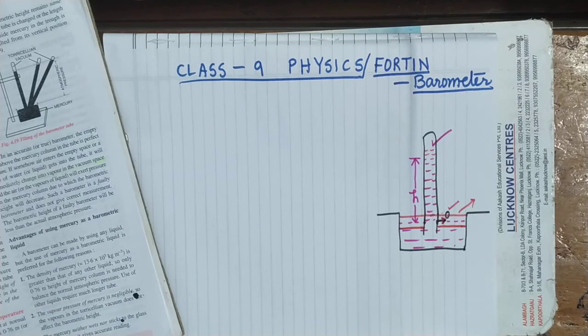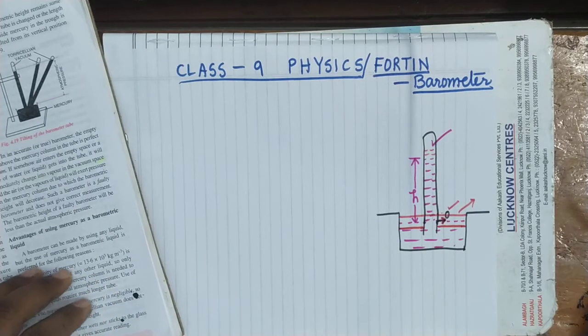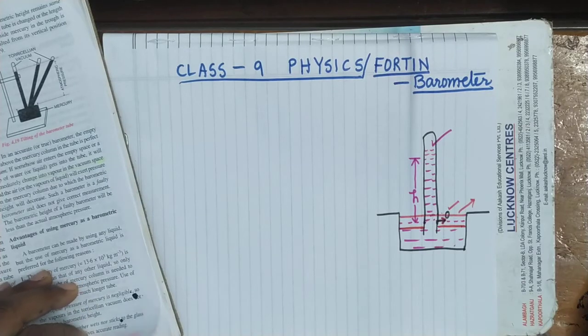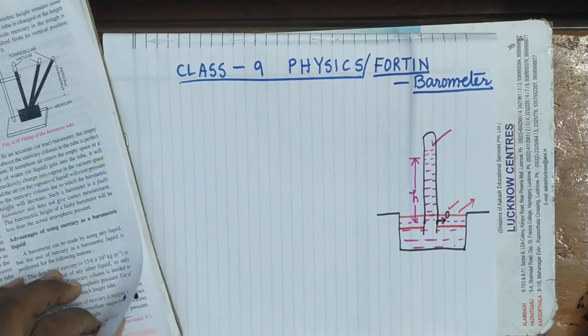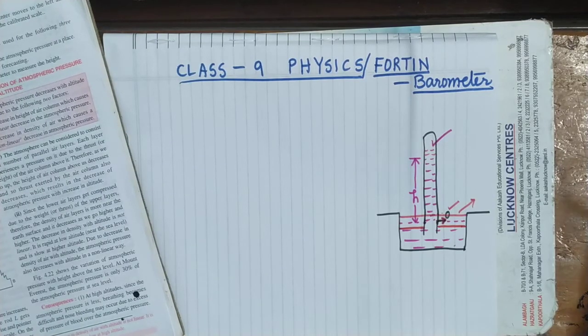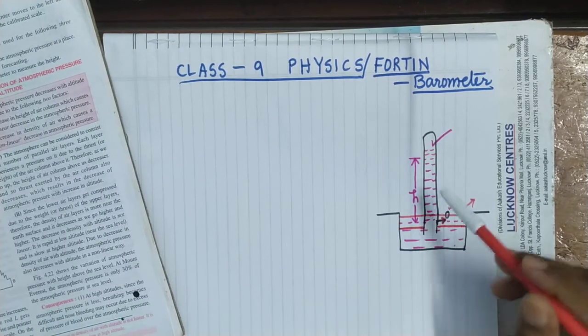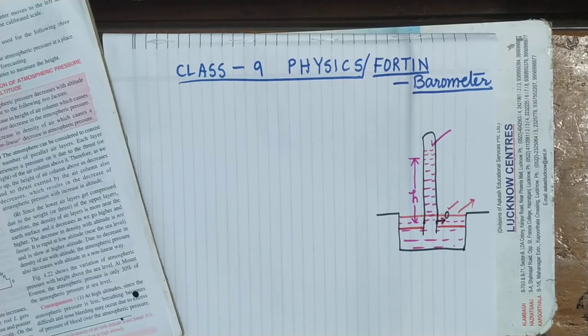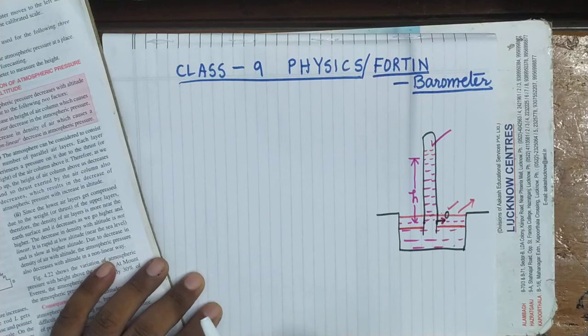It's clear? So you have to make adjustment here. Then here it requires perfect horizontal arrangement. And in that process, there are the chances of spilling of the mercury. It is clear. So these defects have been removed in the Fortin's barometer.